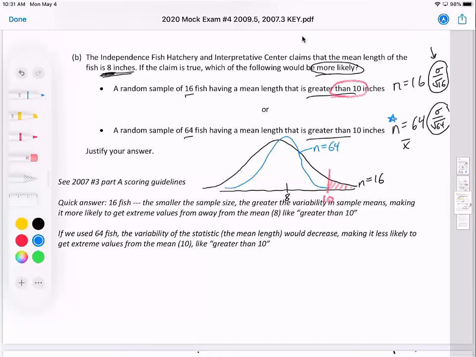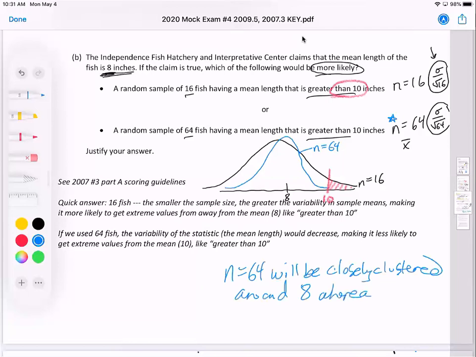So this n equals 64 will be closely clustered around 8, whereas the n equals 16 has more variability away from 8.